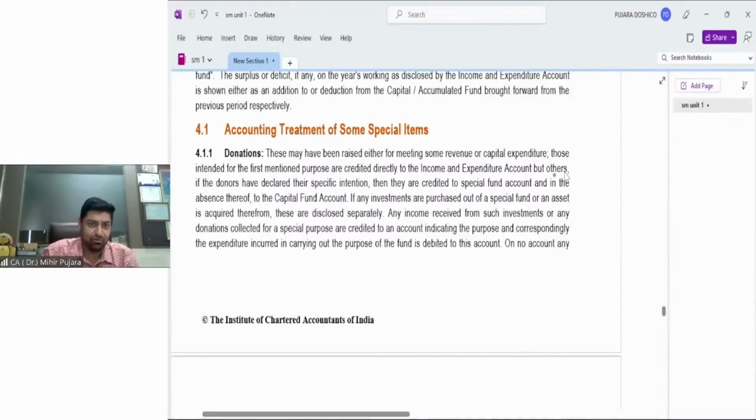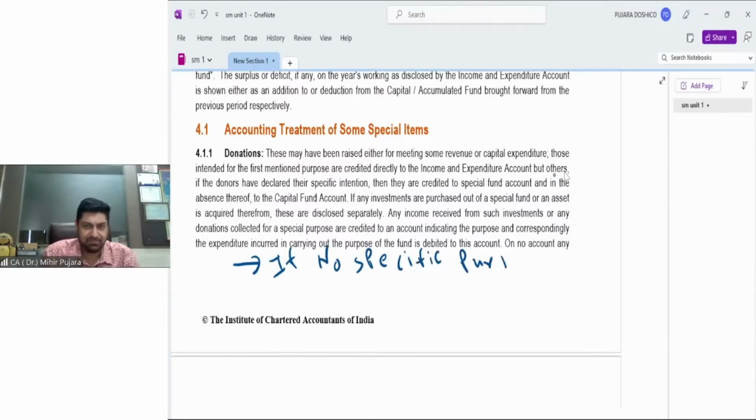Very carefully write 2 points. If there is no specific purpose, it is revenue and it is part of income and expenditure.